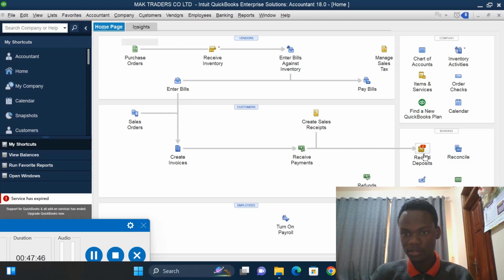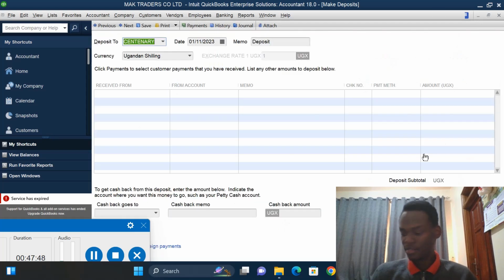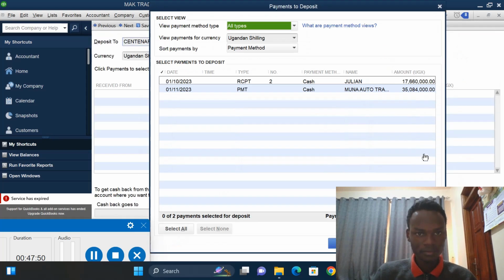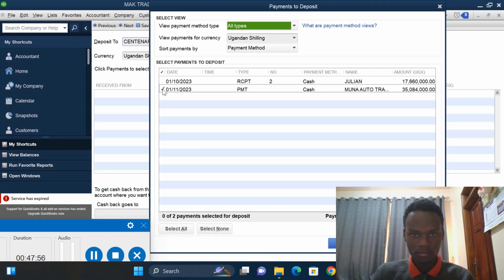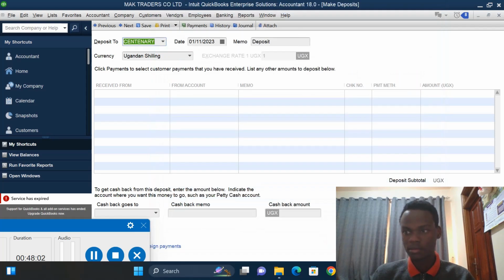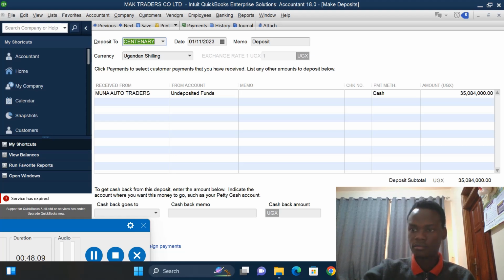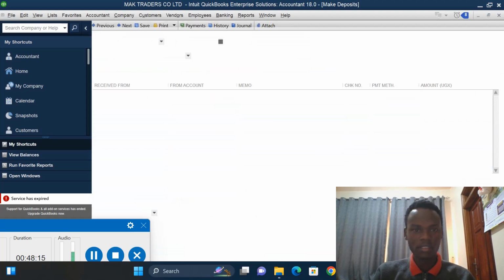Then we shall go to record deposit. So for Munene, we shall save and close.